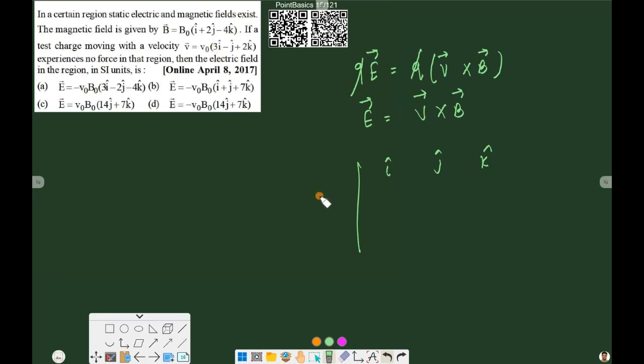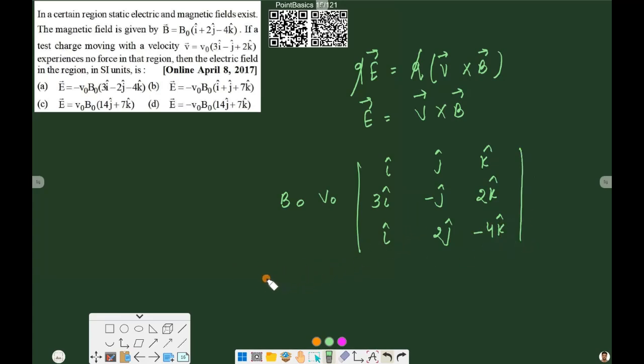First comes the velocity, so v naught is a constant and is outside the cross product, 3i minus j plus 2k. Again B naught is a scalar, so again it is outside the cross product, and it will be i plus 2j minus 4k.